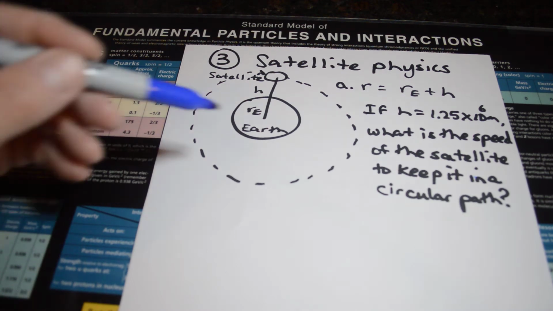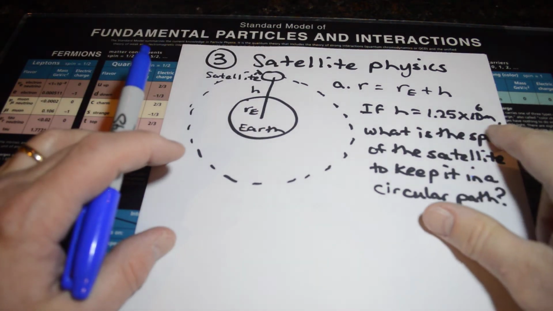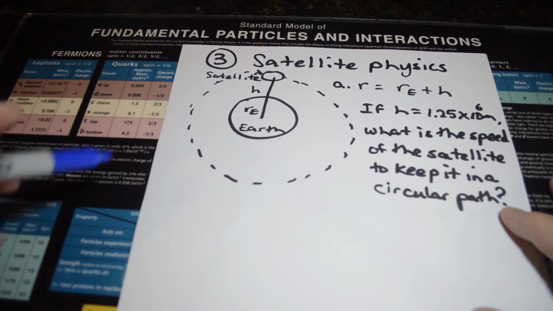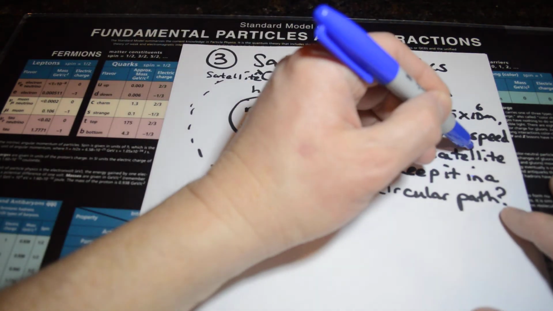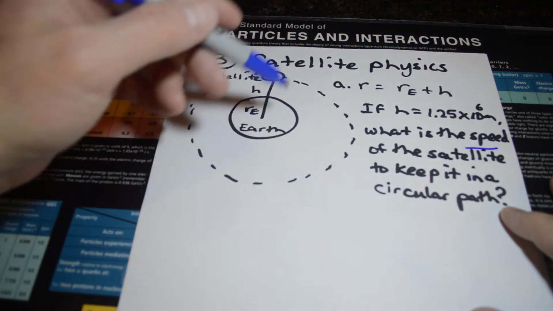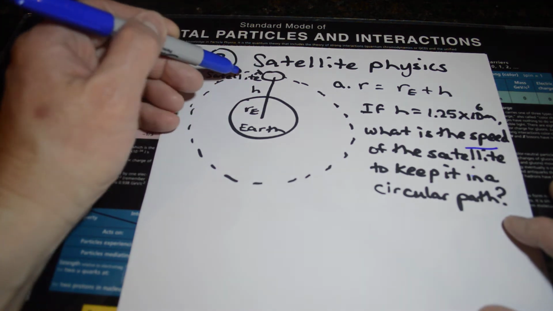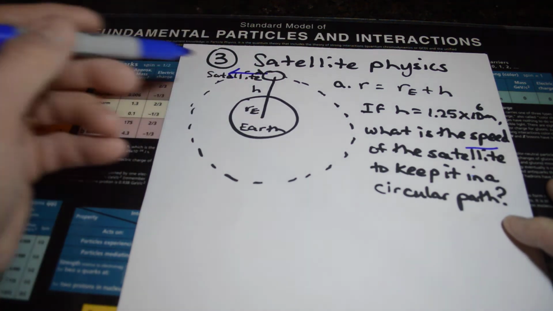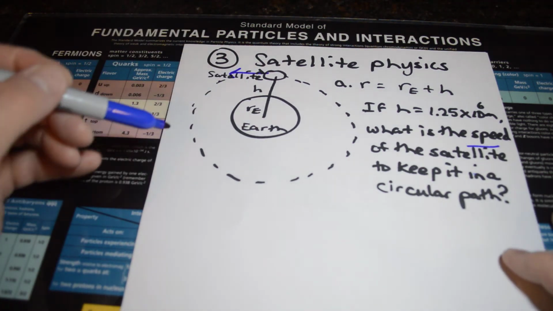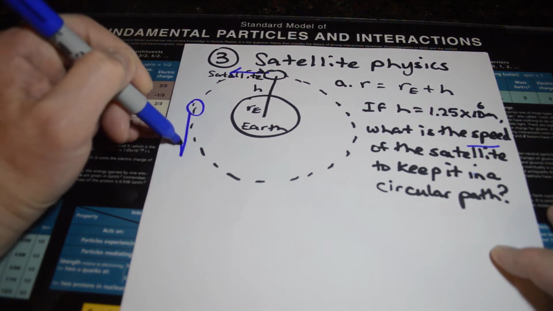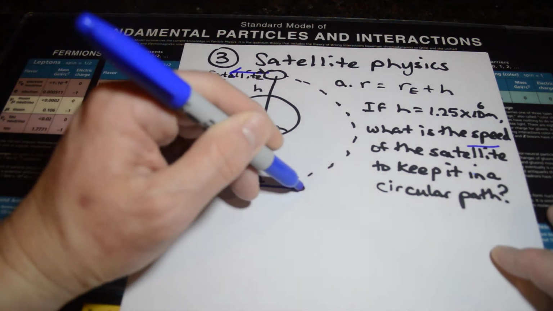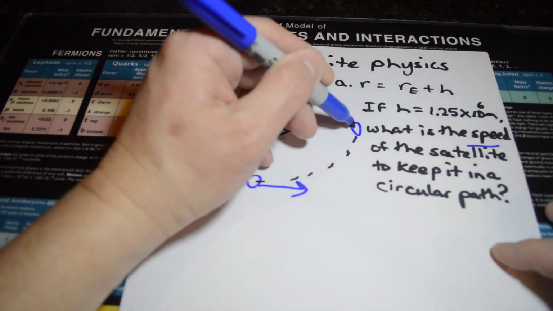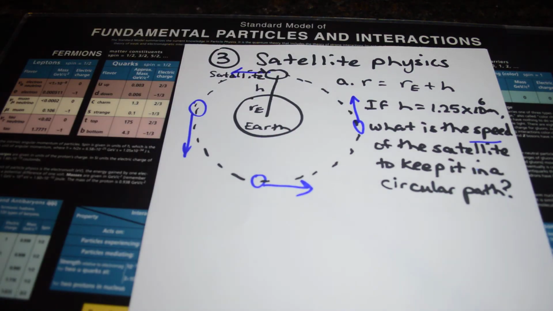And the height in this problem is given as 1.25 times 10 to the 6th meters. And they want to know what is the speed of the satellite that keeps it in a circular motion. If you shoot it with that tangential velocity, it's always tangent to the path, and that will keep it in that horizontal circular path.